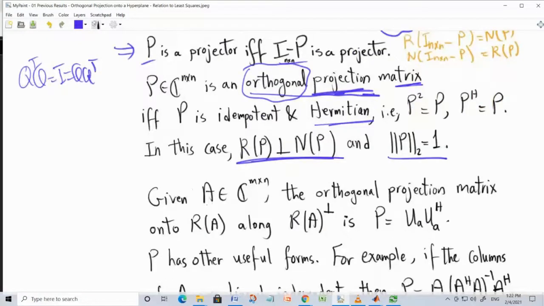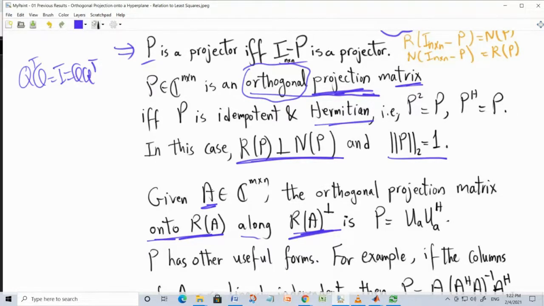Now, if you have a general matrix A and you want to project onto the range of A, the column space of A, along the orthogonal complement of the range of A. Suppose now that you have a matrix A which is not a projection matrix.